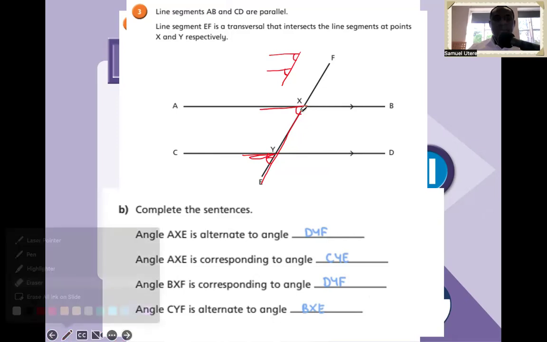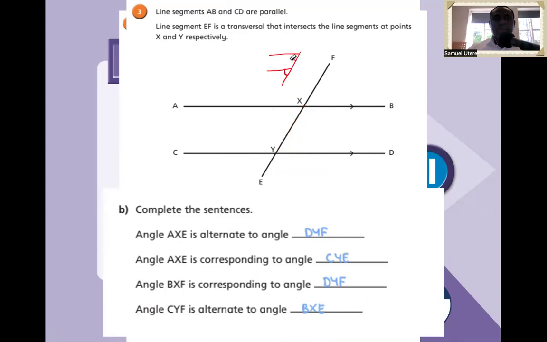So let's rub this off. Let's get a pen. Angle BXF, so BXF.